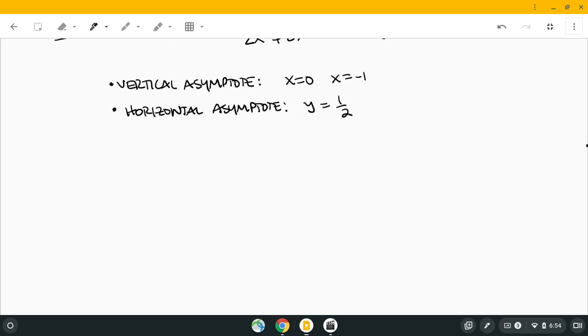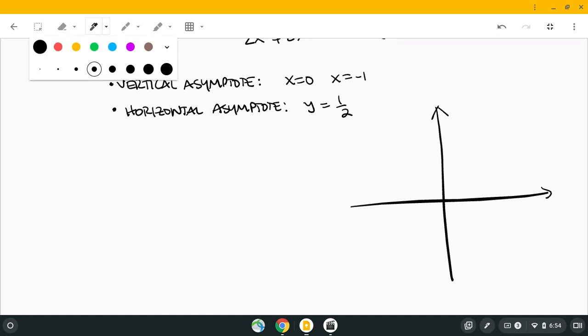Let's go ahead and graph our asymptotes. All right, x equals 0. You know what? Let me do this. I'll use a different color. That way you can see it here.